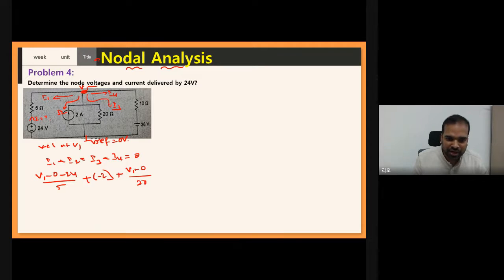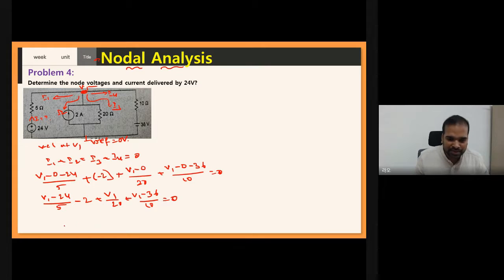For I4, one end V1 is connected, with reference to 0 volts, and at the other end a 36 volt source is connected, so V1 minus 36 by 10 equal to 0. Now I can write, eliminating 0: (V1 minus 24) by 5 minus 2 plus V1 by 20 plus (V1 minus 36) by 10 equal to 0.